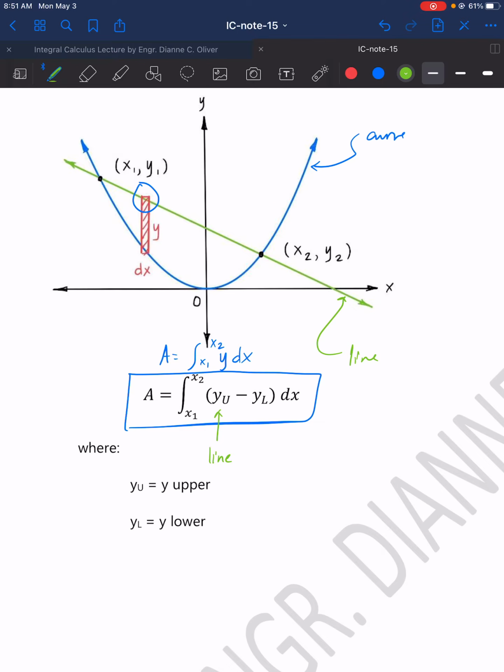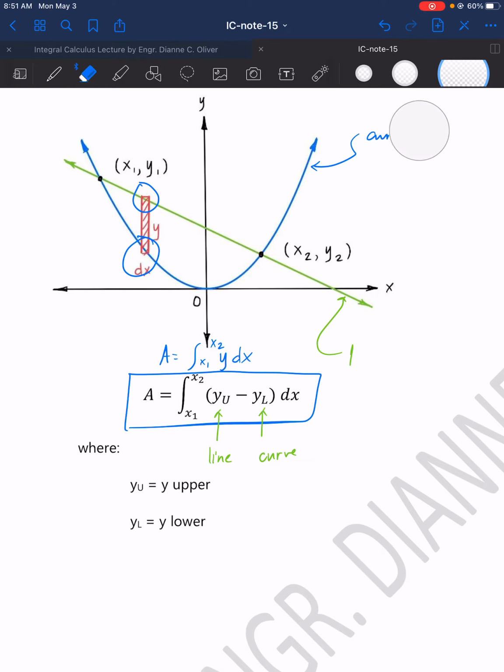Then the y lower: the vertical area strip is touching the curve at the low point, so this is the curve, y lower. Then as for the limits, we have x1 to x2. So that's how we arrive at this formula.